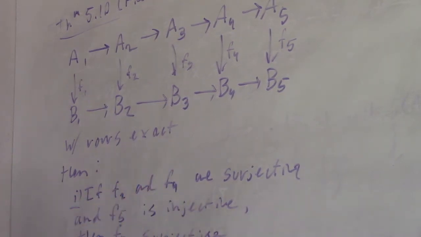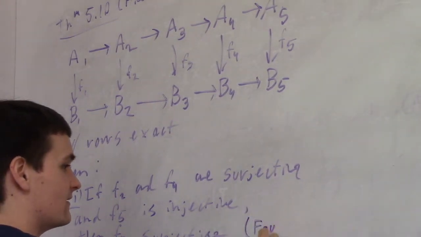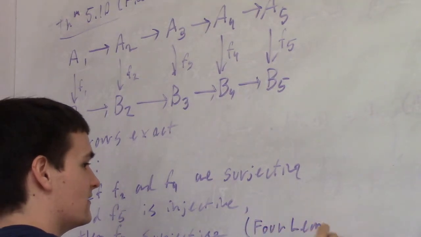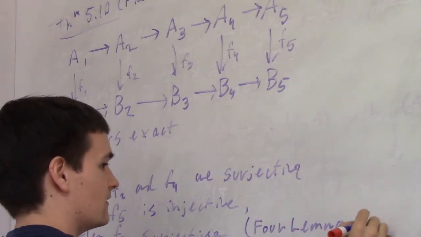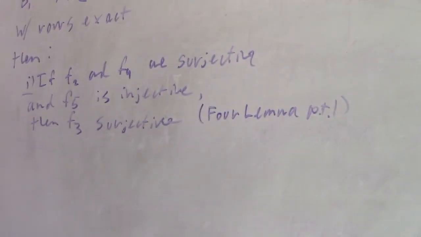So these first two parts are known as the two 4 lemmas. This is 4 lemma part 1. And so I'm not even going to write down the second one.